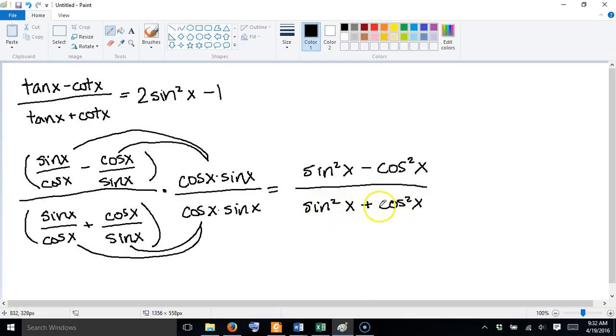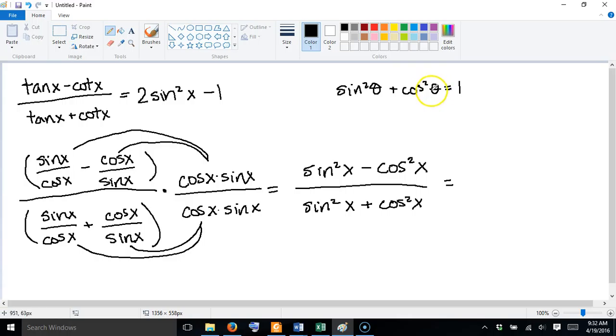Now, sine squared x plus cosine squared x is equal to 1 because that's one of our Pythagorean identities. We can take our Pythagorean identity and rearrange it. Remember this right here.